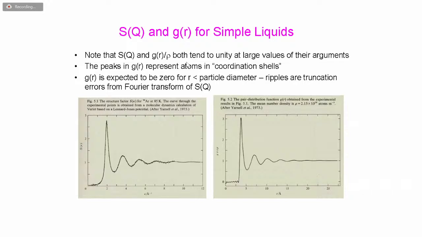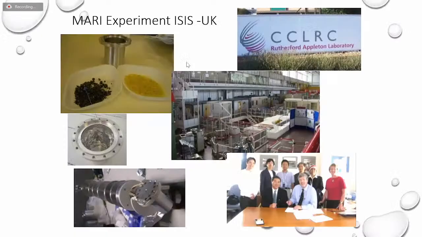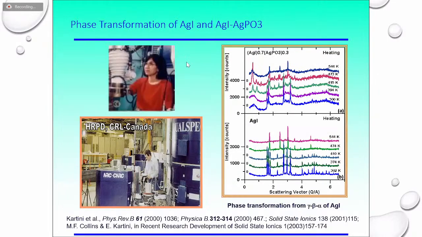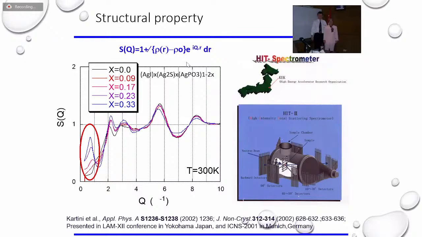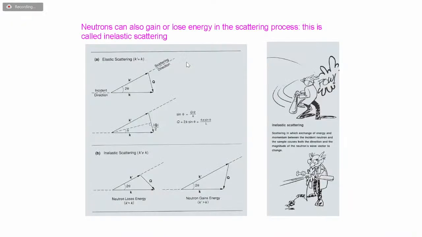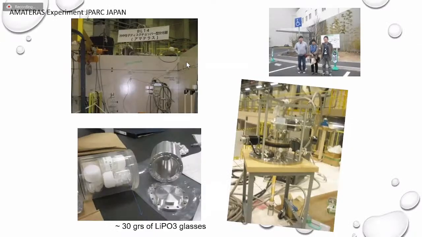We can study the partial PDF and diffraction factor. This is another experiment on the glass using inelastic scattering, where we can observe the crystallization, and this kind of thing we can also observe with the synchrotron. This is also showing the inelastic scattering from the JPAC instrument. I think this is all of our work.